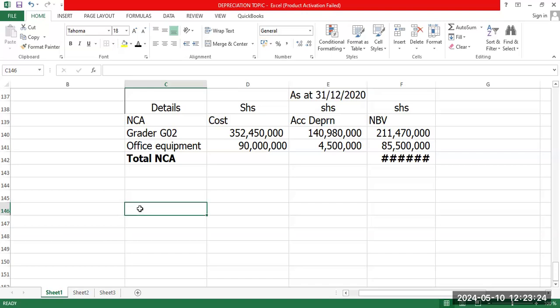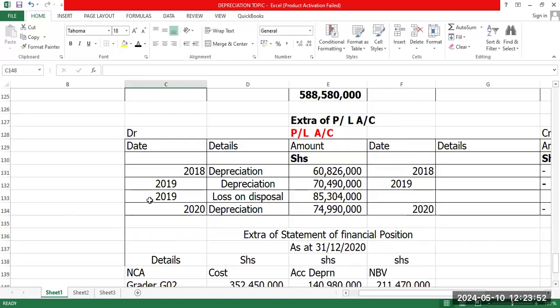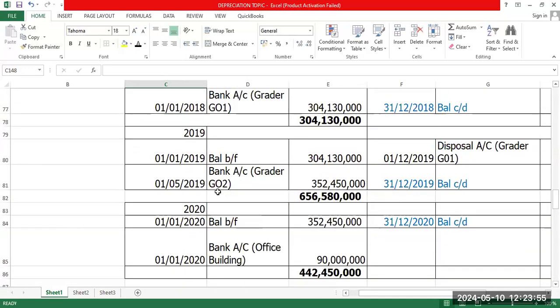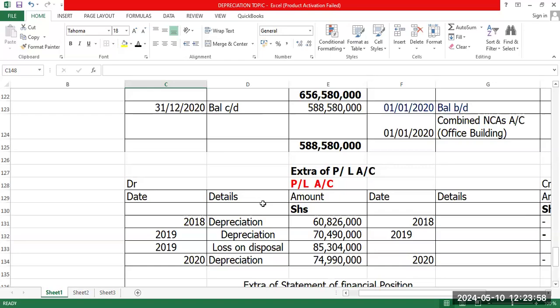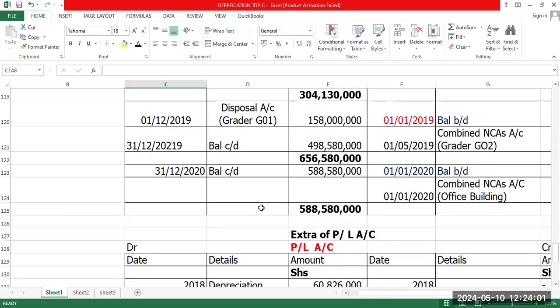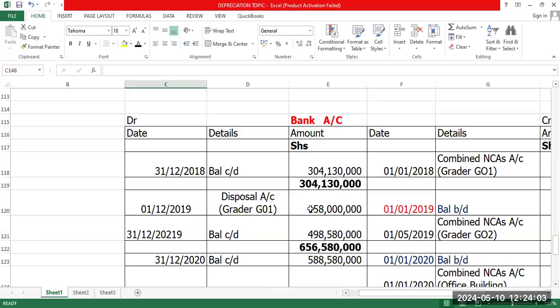Non-current asset you don't have, you have actually current liability. You have current liability of bank overdraft. You come to your bank account, because you see the reason why I'm calling it bank overdraft.